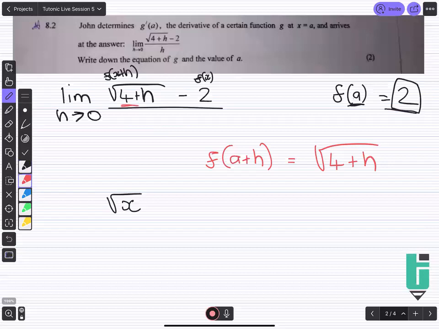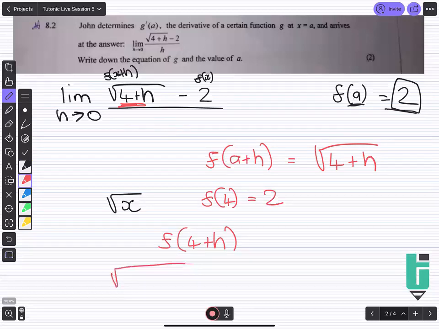I hope you can start seeing it. So if it's root x, then f of 4 will be 2, right? And therefore f of 4 plus h is going to be what? 4 plus h, under the root. Therefore this must be the function.